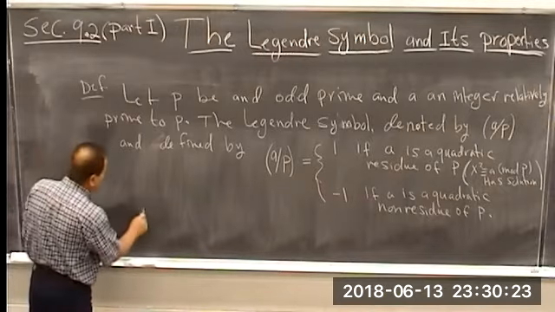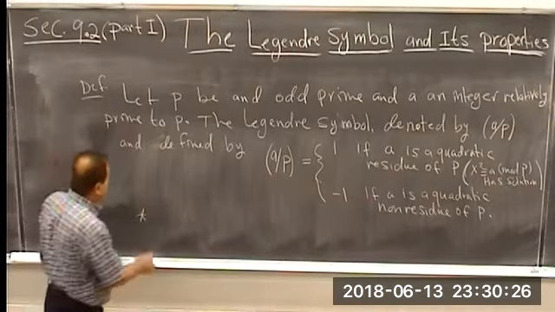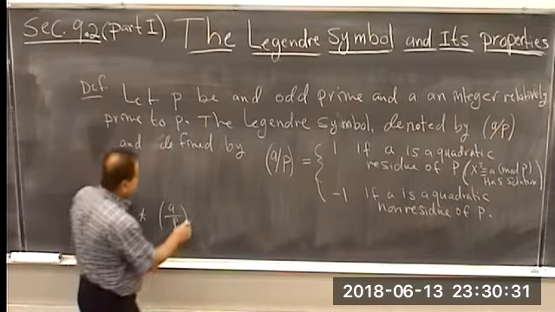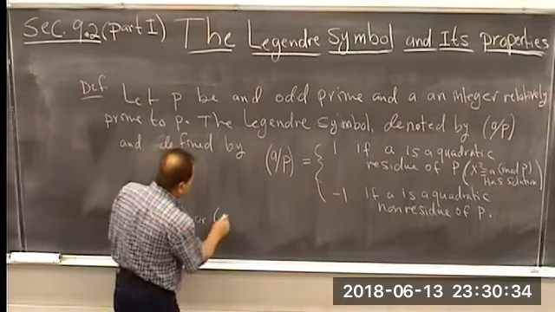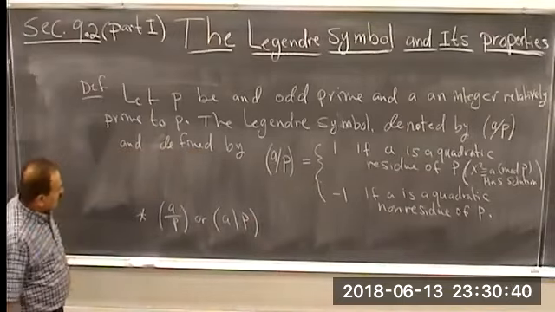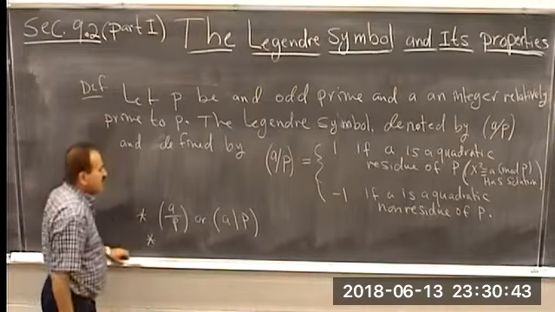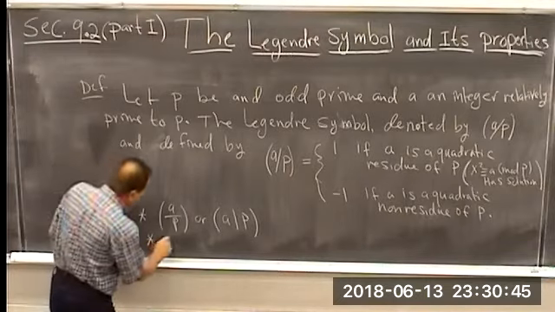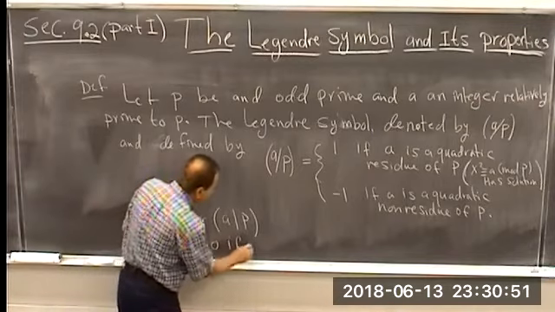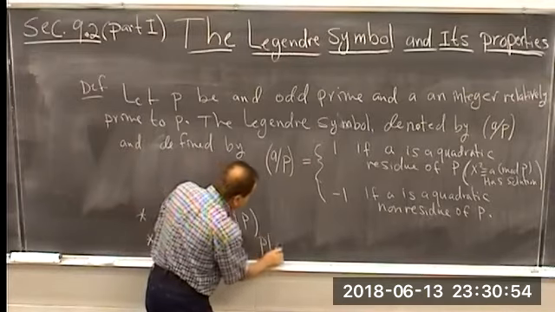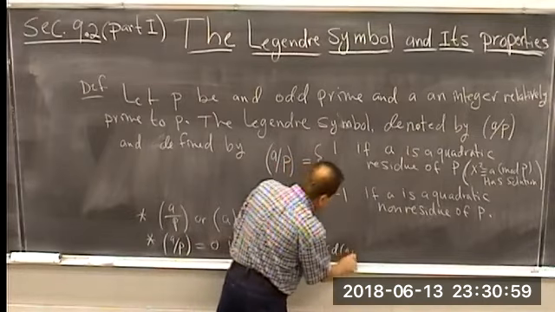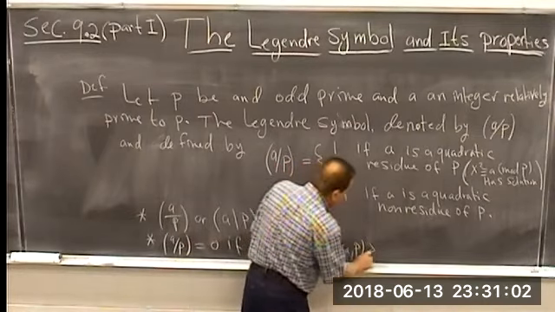There is other notation for the Legendre symbol, and sometimes I may slip and write it like this, or some authors write it like this. Also, some authors define the Legendre symbol to be 0 if p divides a, which means the greatest common divisor of a and p is bigger than 1.